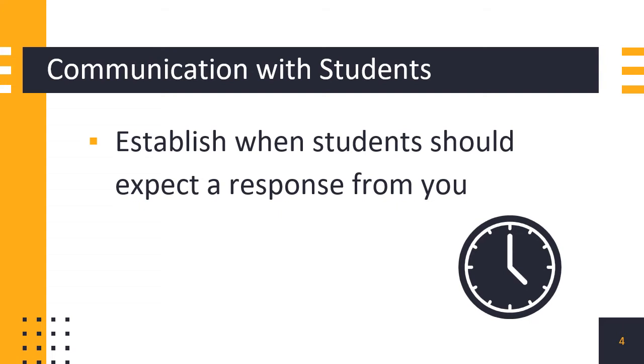So whatever your timeline is for when you intend to respond to students, they need to know that up front. If you have a 24-hour window, then it would be good to tell the students, if you send me an email, you can expect a response within 24 hours or within 48 hours or whatever your time frame is. The students need to know that so they don't get agitated when they don't get a response right away. So establish that response time with your students in the beginning.